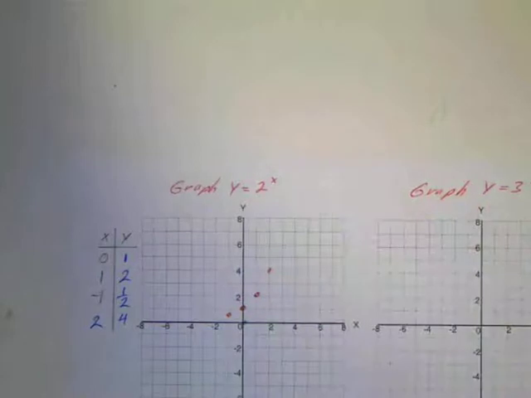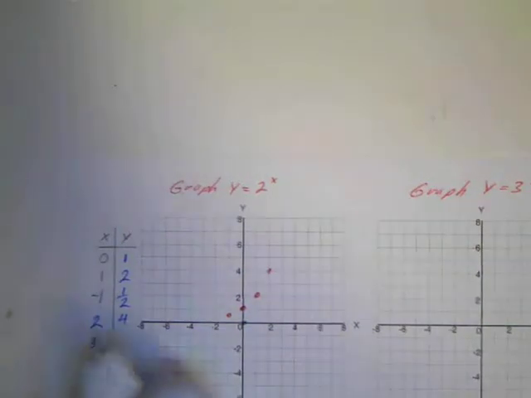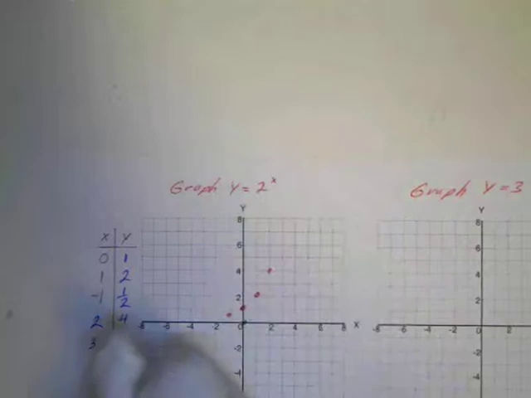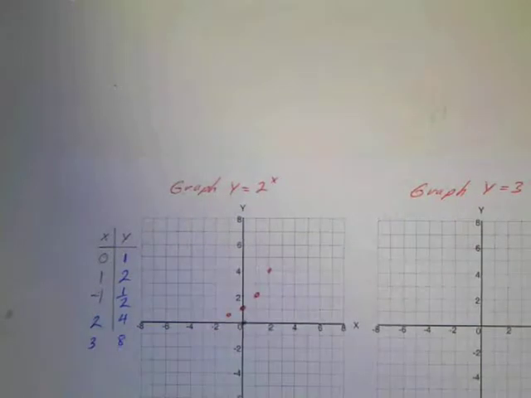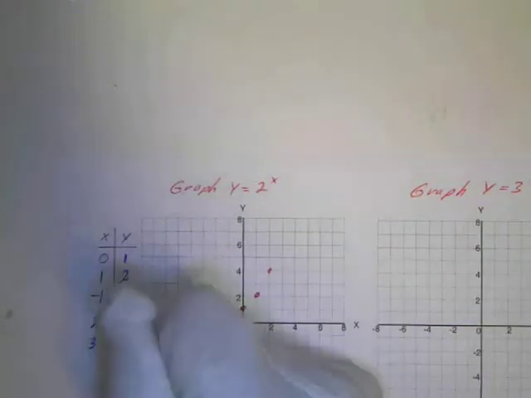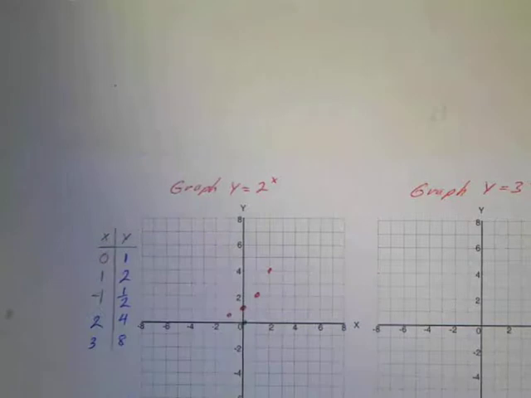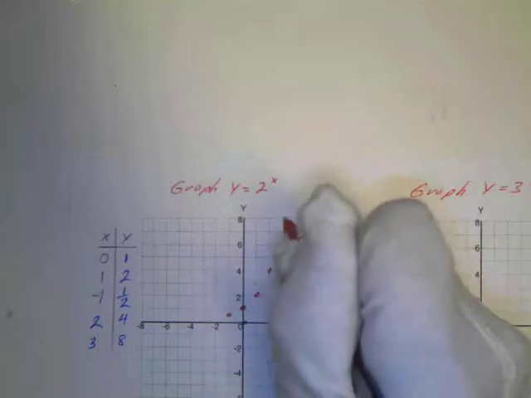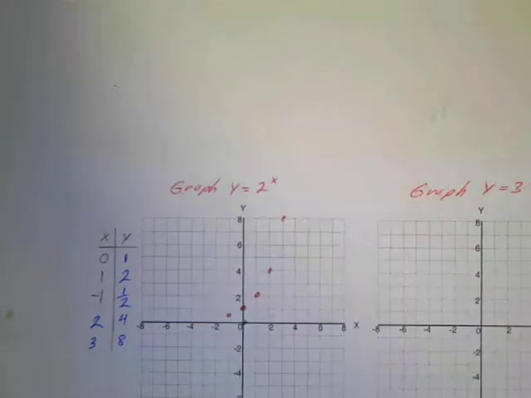And I even got room, I could put when x is 3. What's 2 to the third? 8. So when x is 3, y is 8. And there we go. So you got a good idea of that graph.